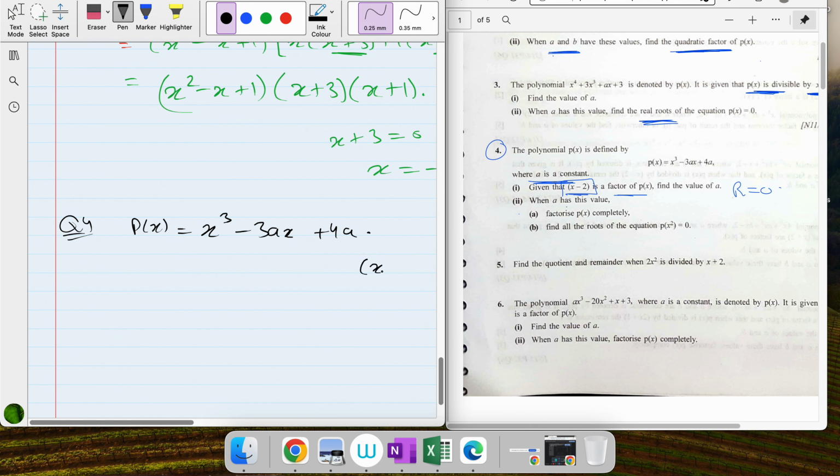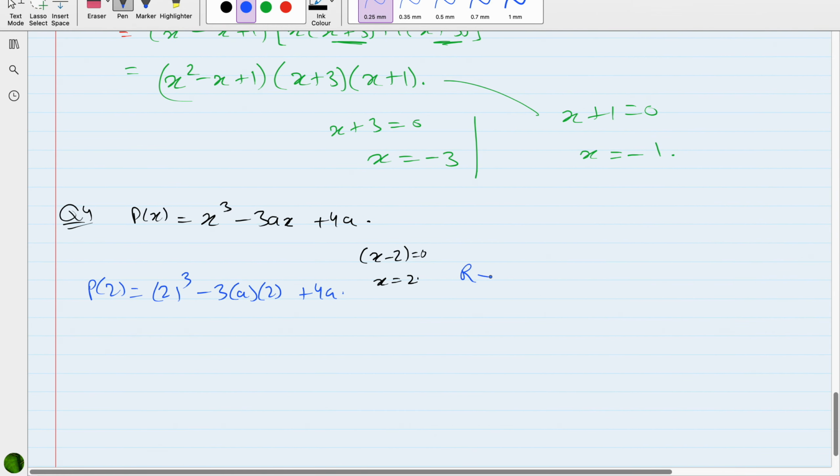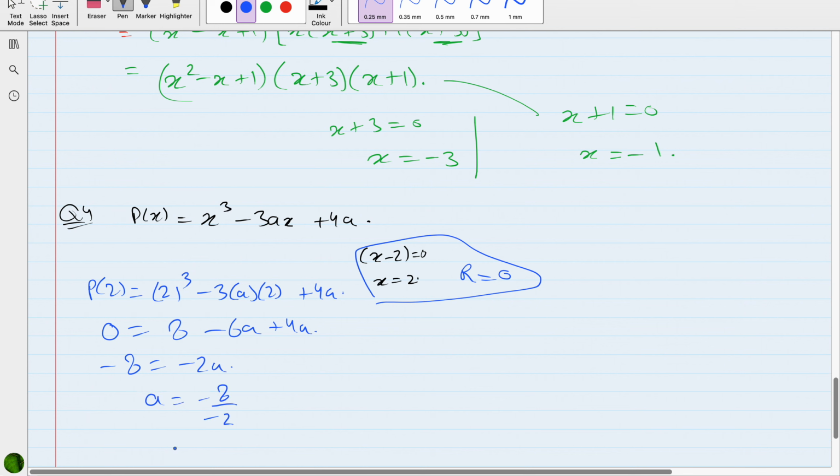So I'm using x minus 2, value of x would be 2. So when we substitute this value, 2 cube minus 3a into 2 plus 4a, we know that remainder is equal to 0. In this case, 0 is equal to 8 minus 6a plus 4a, taking 8 on the other side, minus 2a, a is equal to minus 8 by minus 2, value of a is equal to 4.